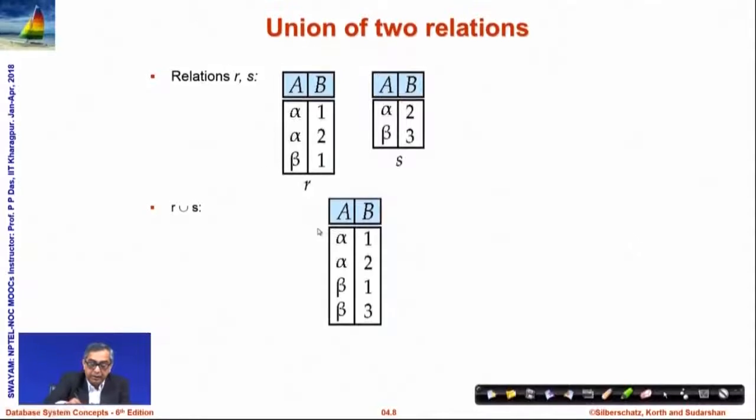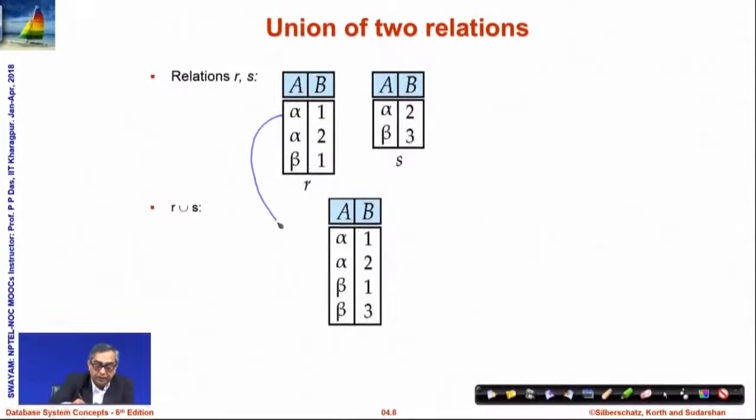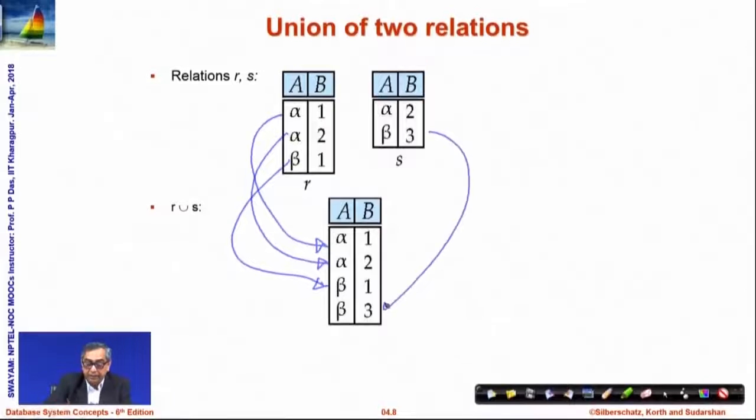So, here alpha 1 is coming here, beta 1 is coming here. In terms of relation, alpha 1 is coming here, alpha 2 is coming here, beta 1 is coming here, beta 3 is coming here, and alpha 2 is coming here.